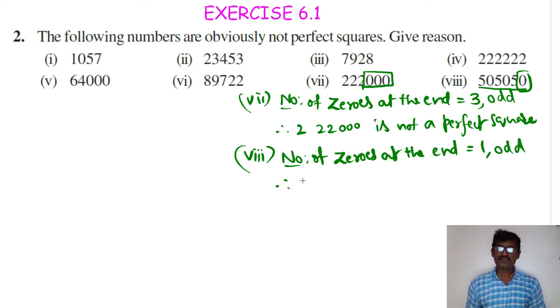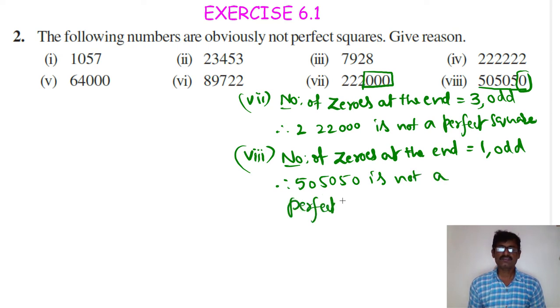So therefore the given number is not a perfect square. So that means if a number has zeros at the end, and those zeros are even in number, then only there is a possibility of a perfect square number. If there are an odd number of zeros, it will not be a perfect square number.